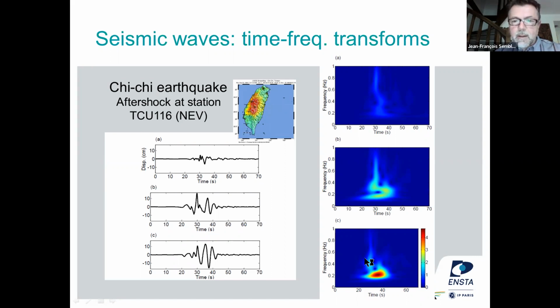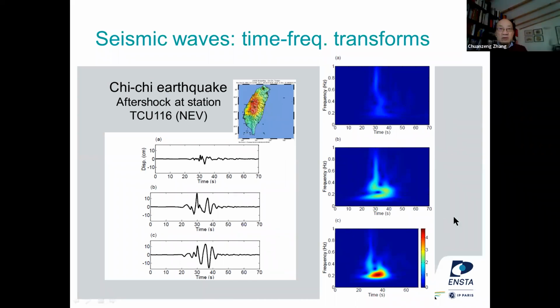So it is very easy with such a time frequency transform to identify the amplitude of the seismic excitation in the time domain in a given time window, but also for a given spectral component. That is the main advantage of time frequency transforms.